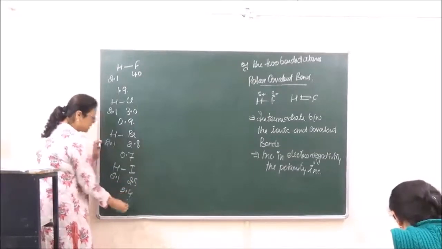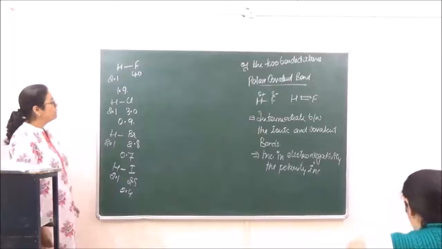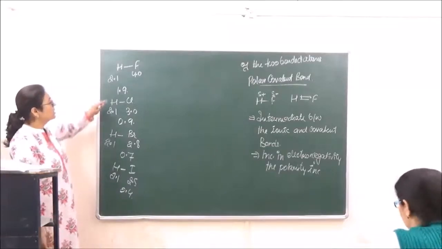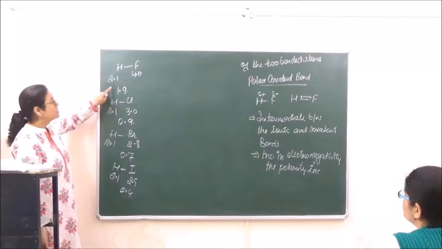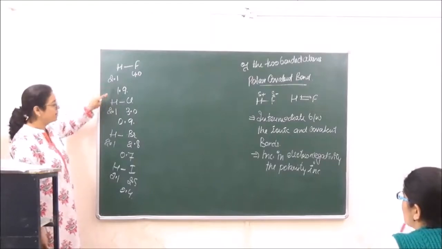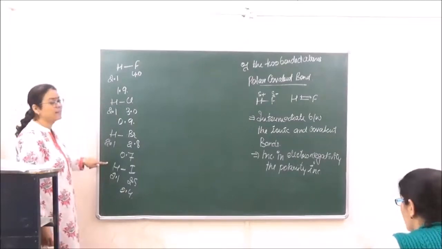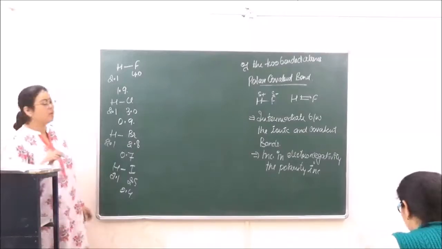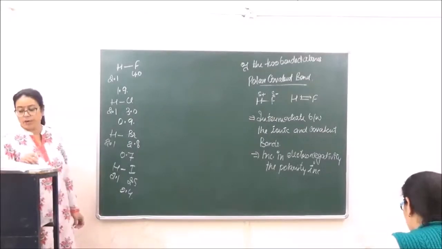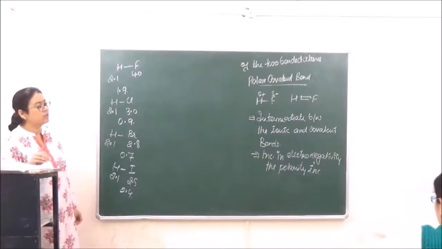So the difference comes to 0.4. The maximum electronegativity difference is in the case of HF, so HF is going to be most polar, then HCl, then HBr, and the least polar is HI. So polarity depends upon the electronegativity difference.